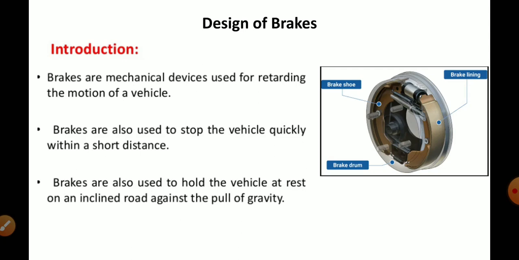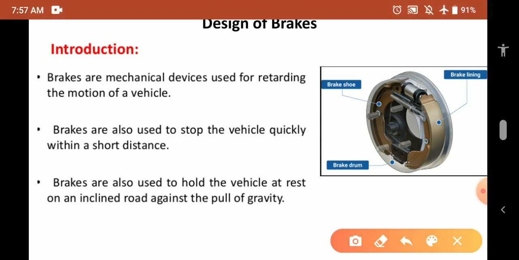Now, the introduction. Brakes are mechanical devices used for retarding the motion of the vehicle. Or also we can say brakes are used to stop the vehicle quickly within a short distance. Now we can see here, this is the brake drum, the outer part of the brake, then this is the brake shoe, on which the brake lining material is mounted.